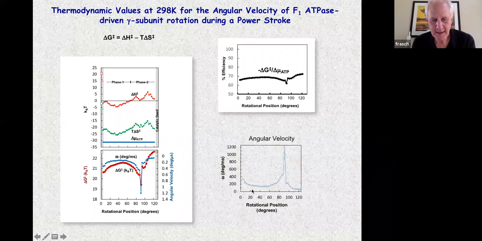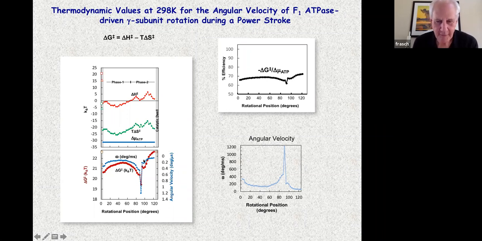And notice that this is taking the velocity curve and flipping it upside down, which makes sense: where it's going the slowest here, that's where you have the highest free energy of activation, and conversely, here where it's going the fastest. So we knew how much energy we were putting into the system because we had controlled the concentration of phosphate, ADP, and ATP when we did this.